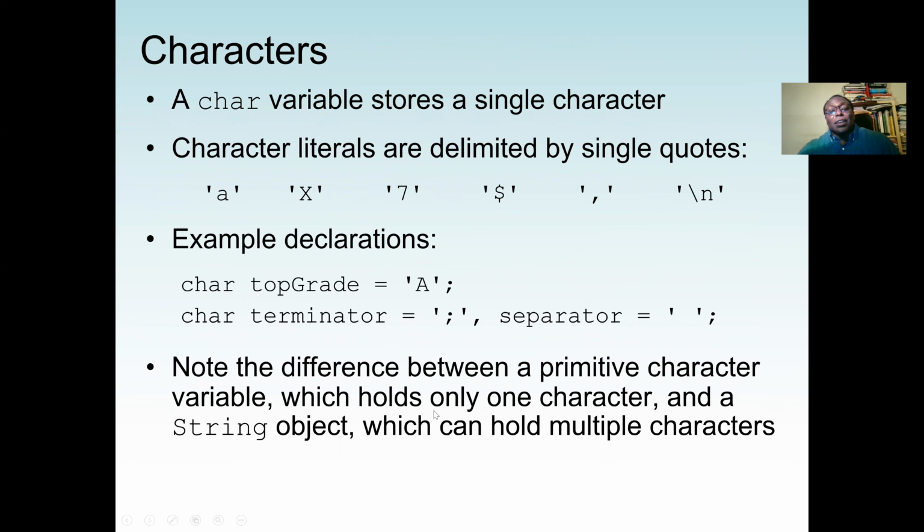We also have the character data type. As we said earlier, the character data type can be any character, but only one character at a time, or any symbol, only one symbol. As long as it is in single quotes, Java will recognize that this is a character type.